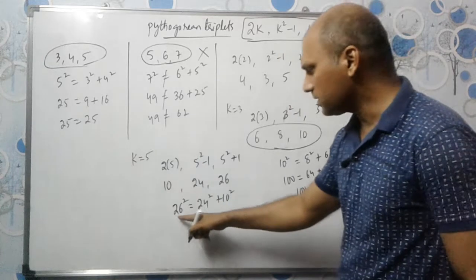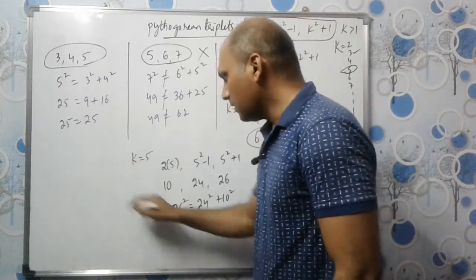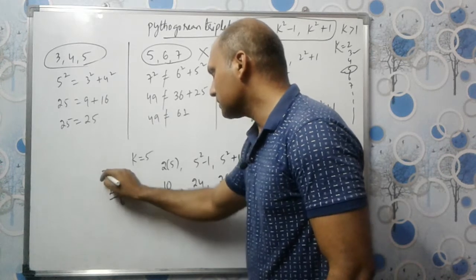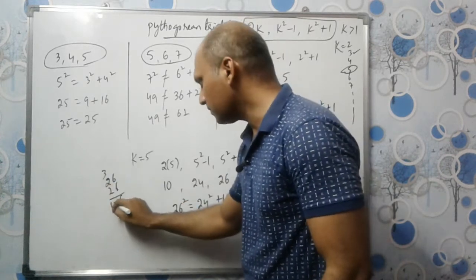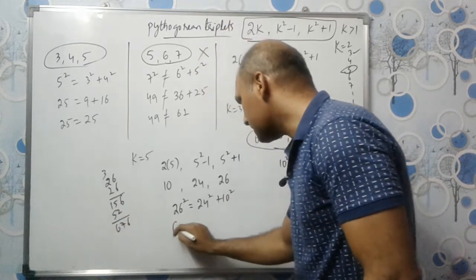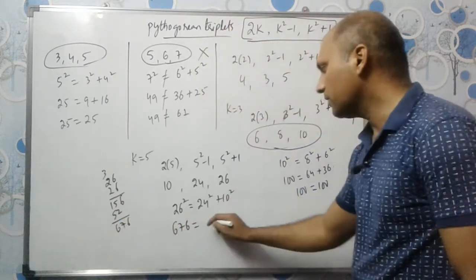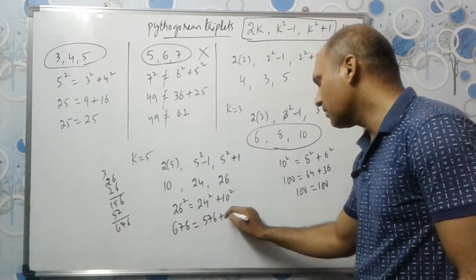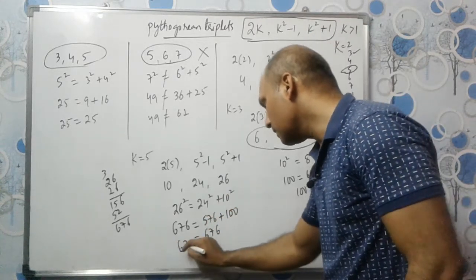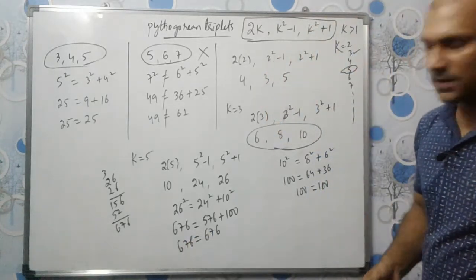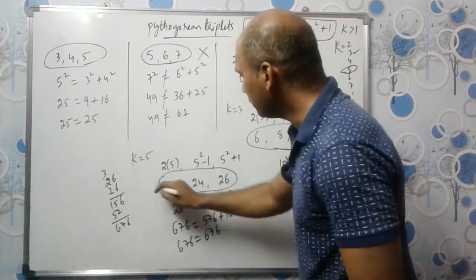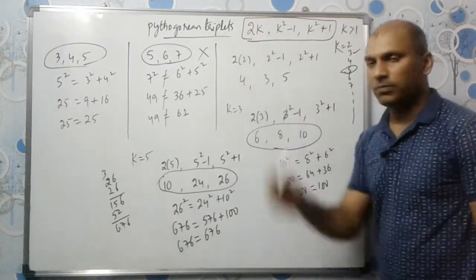You simplify, you will get the same thing. 26 square is 676. So 676 is equal to 24 square, 576, plus 100. So 676 is equal to 676. Yes, these numbers 10, 24, 26 are Pythagorean triplets.